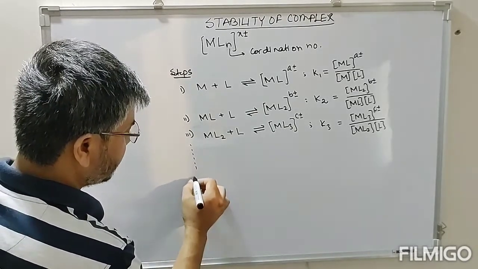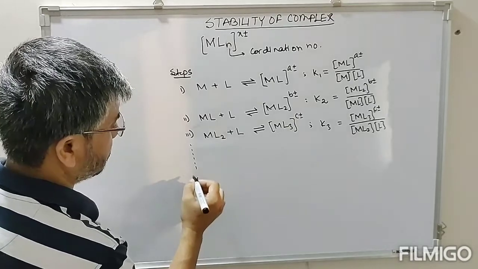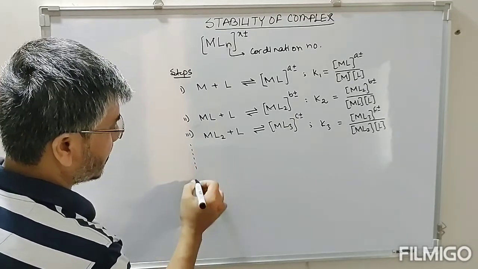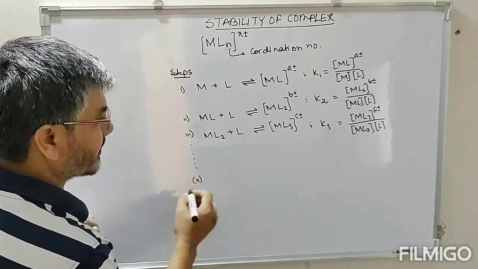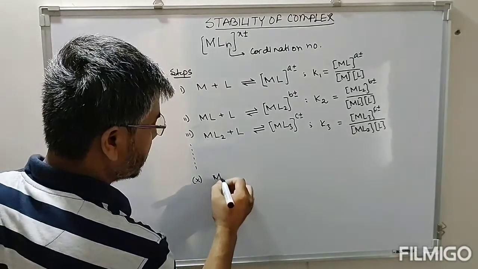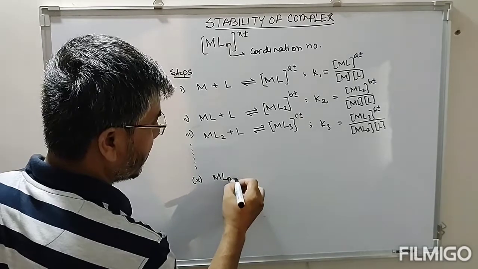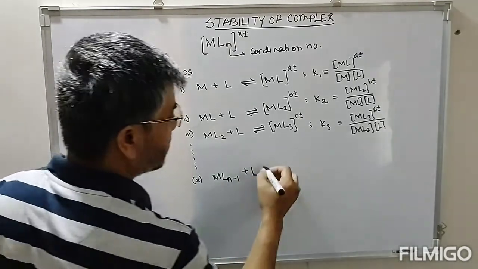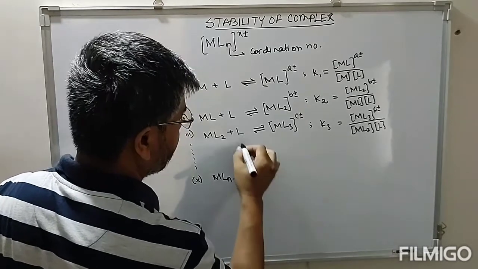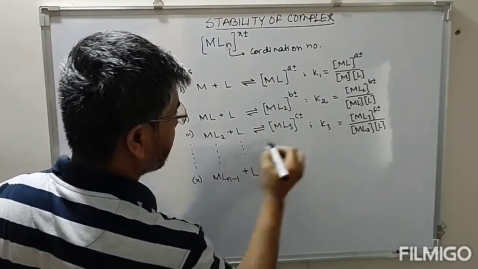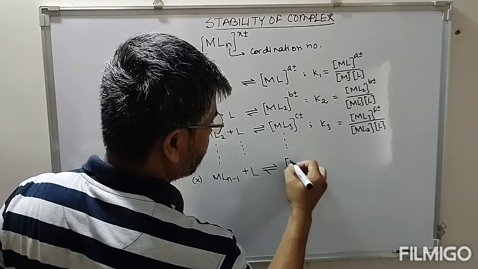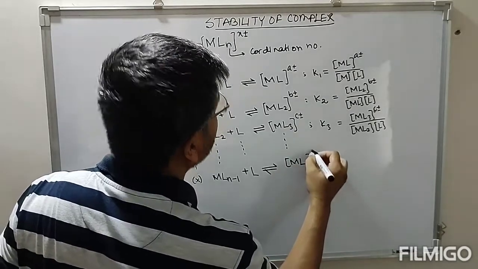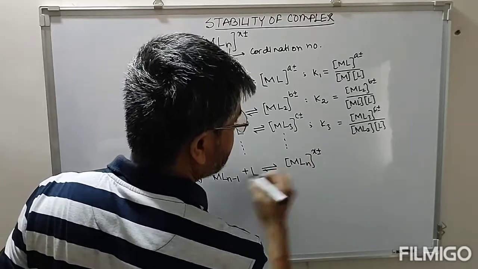In the last step, let this be the last step, that is X. When we have looked at this, MLn minus 1 will combine with L and this gives you MLn X plus minus.